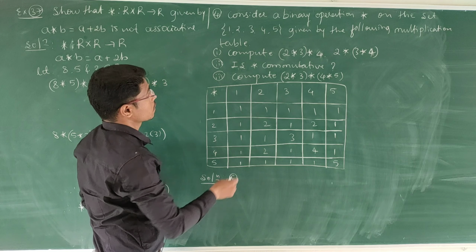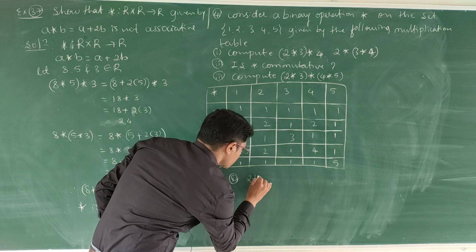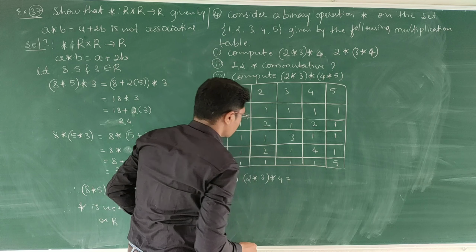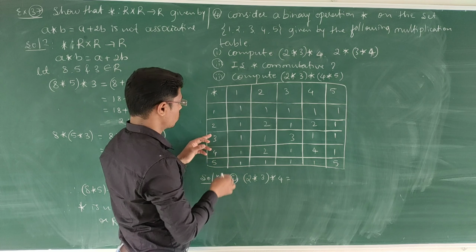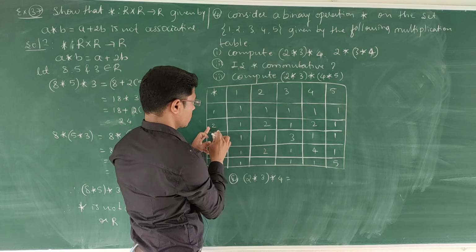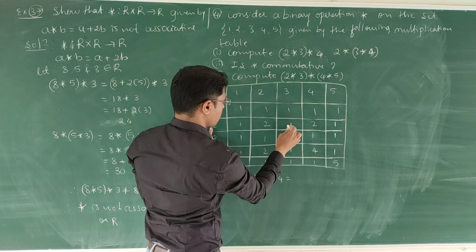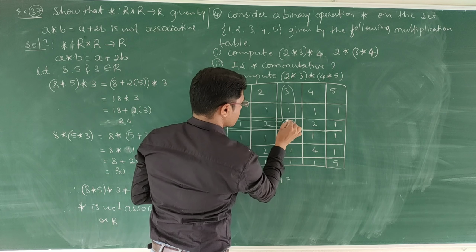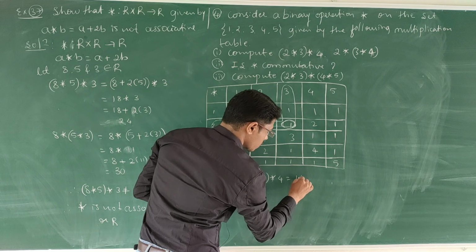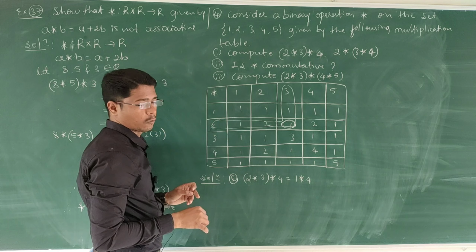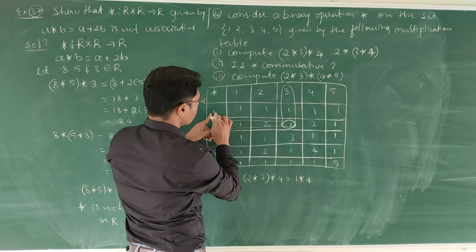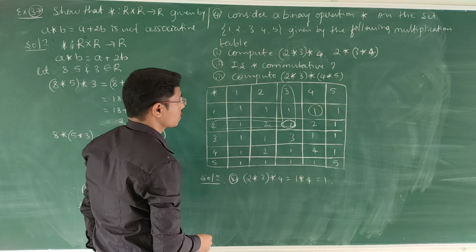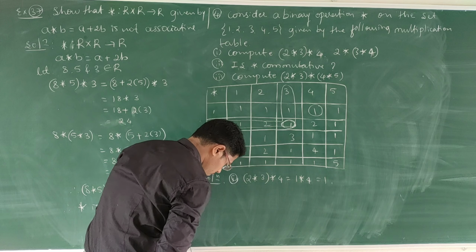First, compute (2 star 3) star 4. 2 star 3, from the table, is 1, so this is 1 star 4, and 1 star 4 is equal to 1. Next, 2 star (3 star 4).